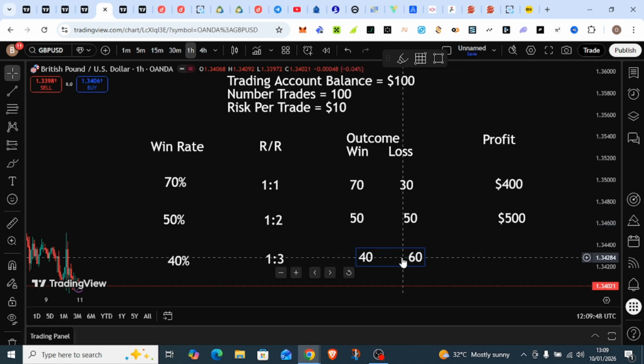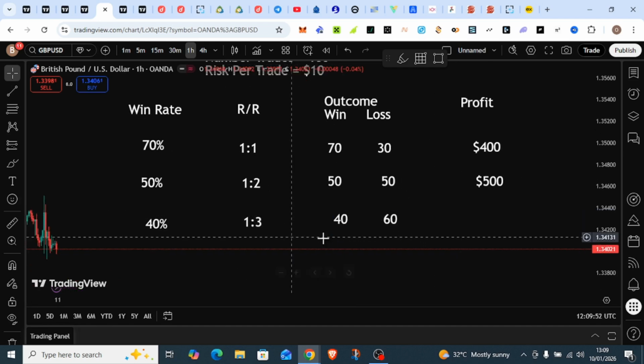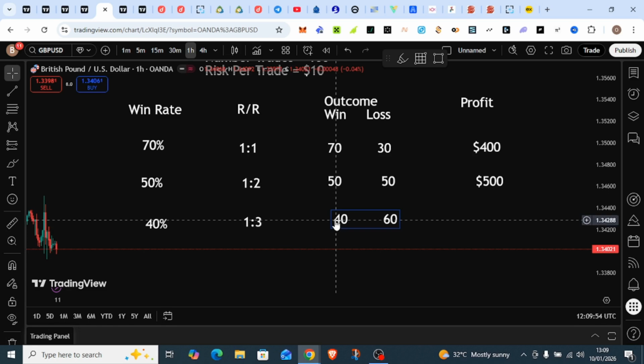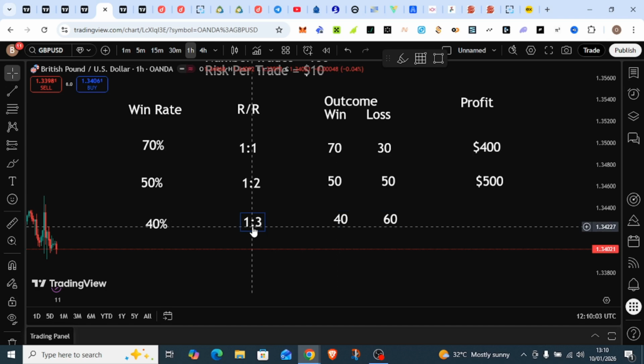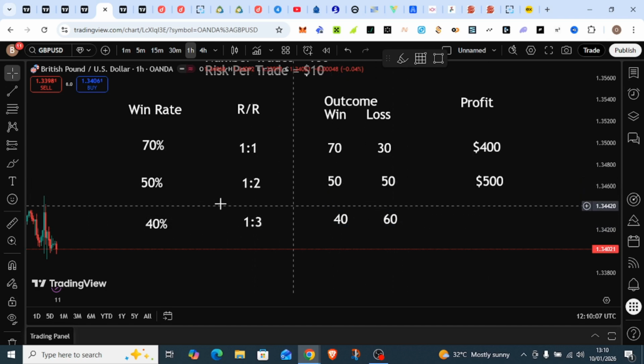So in this scenario, our profit maintains the same calculation. We are risking $10 per trade. That is 40 multiplied by 10, which gives us 400, times 3, minus the 600 we lose.